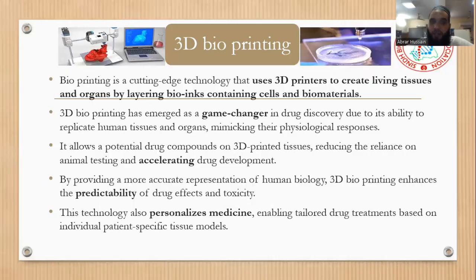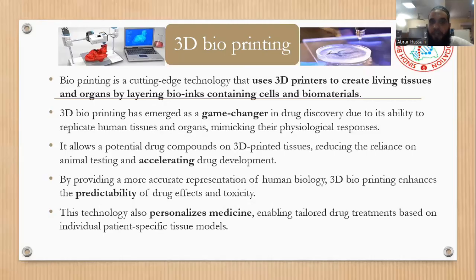By providing a more accurate representation of human biology, 3D bioprinting enhances the predictability of drug effect and toxicity. So one of the important advantages of 3D bioprinting over other methods is that it can increase the predictability of drugs and also explain the toxicity of a particular compound.